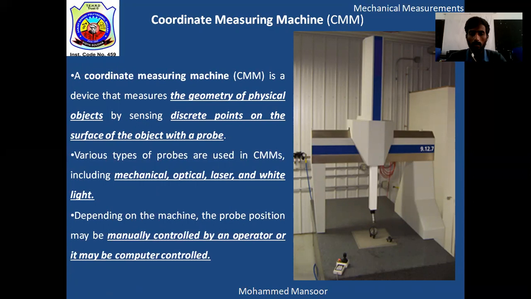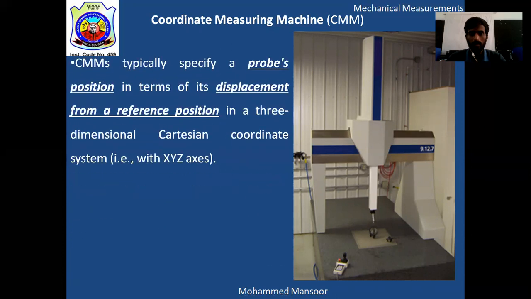Depending upon the machine, the probe position may be manually controlled by an operator, or it may be controlled by a computer, so we call it computer control. CMMs are of different types.